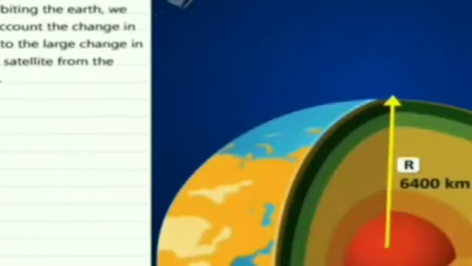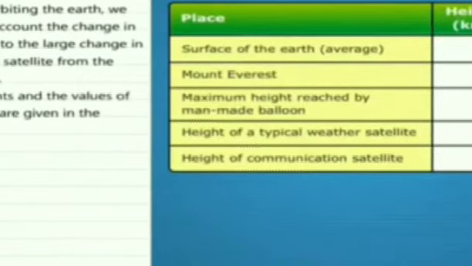On the other hand, when we consider an artificial satellite orbiting the Earth, we have to take into account the change in the value of g due to the large change in the distance of the satellite from the center of the Earth. Some typical heights and the values of g at these heights are given in the following table.